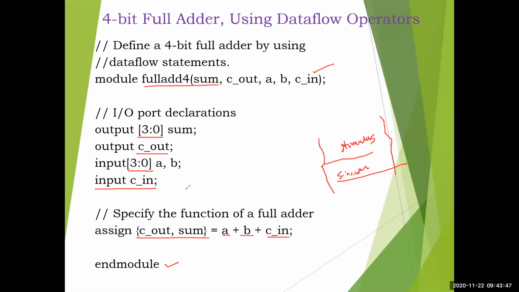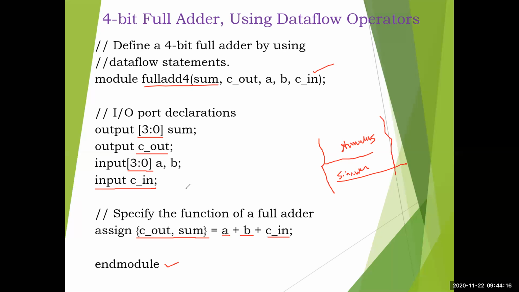Normally in dataflow and behavioral modeling, the in-between variable declaration is less because we are not using any gate level diagram, so no intermediate values to store and no drivers are required. Normally only port declarations and list of ports will be there, and then straight away assign statements. In all the examples so far I have used only one assign statement. In the next 4-bit carry look ahead adder, I will use multiple assign statements.